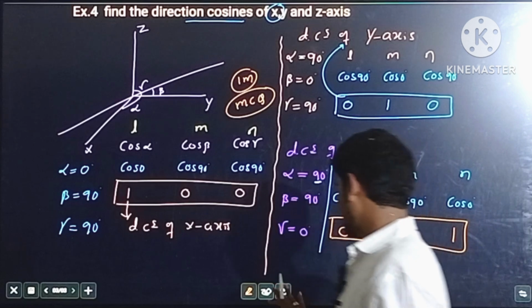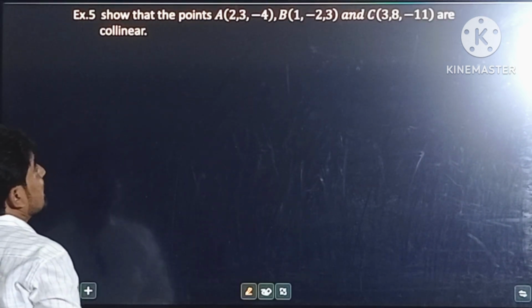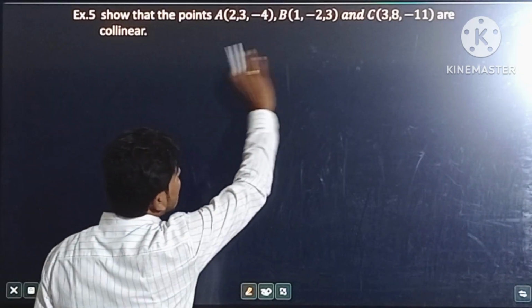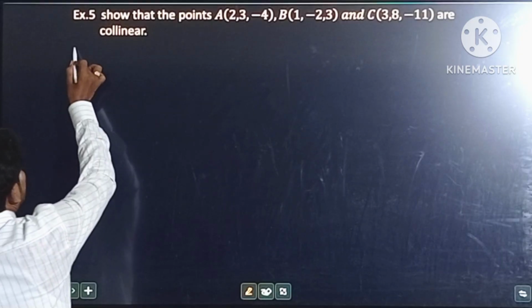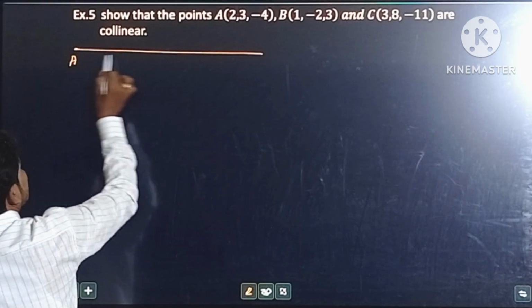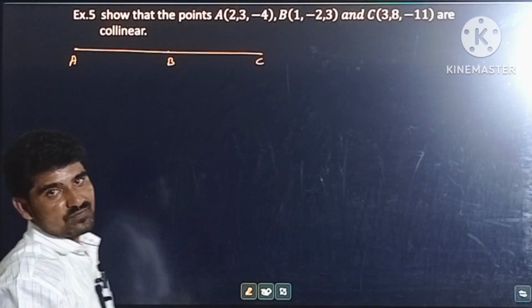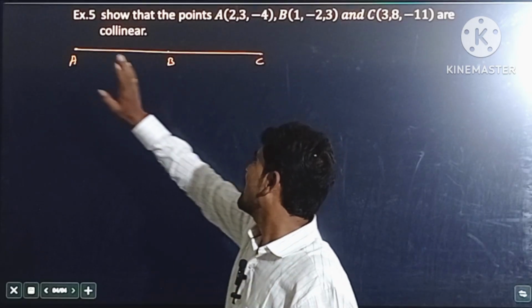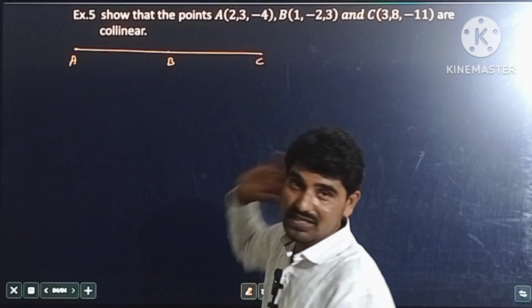So let's start the next question. The next question is: show that the points A, B and C are collinear. Here we need to prove that these 3 points A, B and C are collinear. As I already discussed at the time of introduction, to prove that A, B and C are collinear, we need to prove that AB is lambda times BC, or AC is lambda times BC, or AB is lambda times AC.